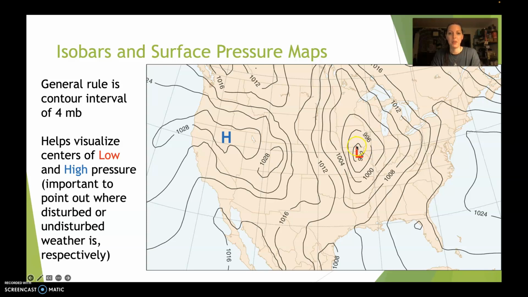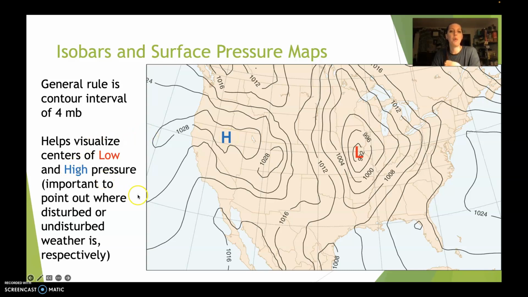So with pressure, we like to look at and visualize regions of low pressure and regions of high pressure. And oftentimes, those regions will be indicated with an L for low pressure, indicated with the color red, or high pressure, indicated with the letter H, but in blue.